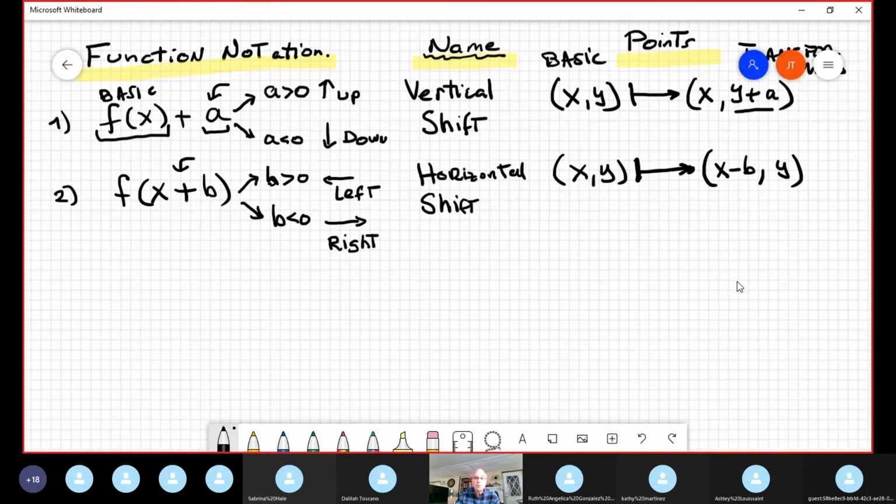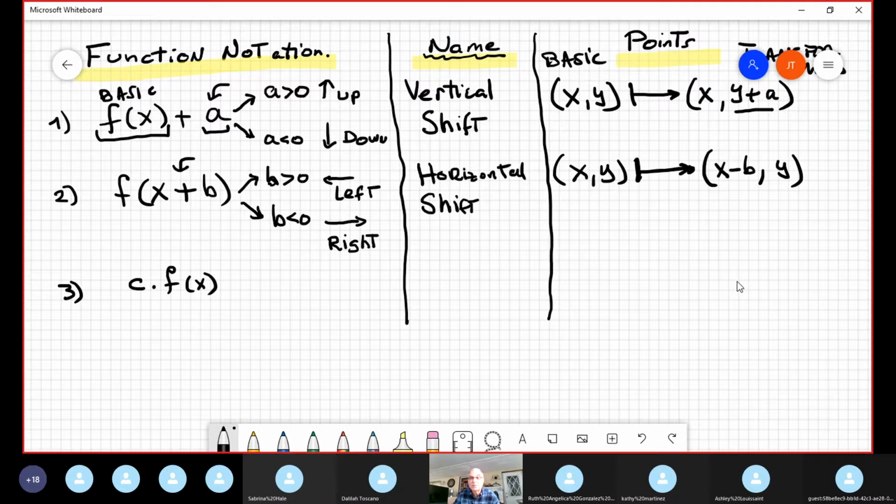Okay. I want to complicate the thing more. Transformation number 3. We have 4, only 4. Multiplication. C is a number now. A, B, C, D. C is a number and we multiply the function.